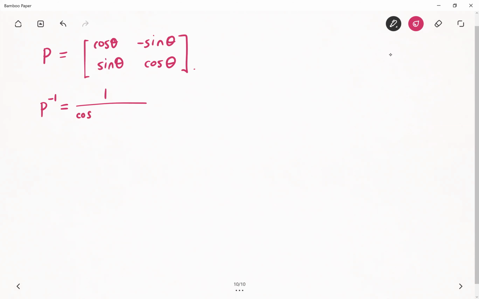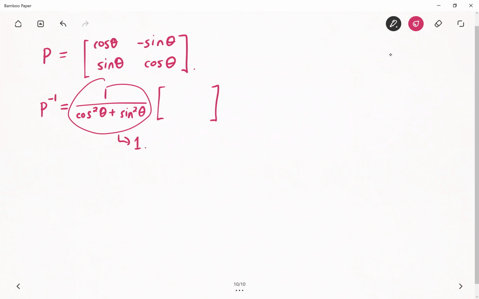So we'll get cosine theta times cosine theta, cosine squared theta, minus a negative sine theta times sine theta. So that's sine squared theta. If you remember your trigonometric identities, you might remember that this is going to be equal to 1.